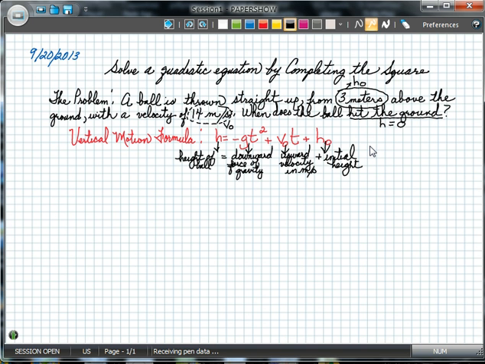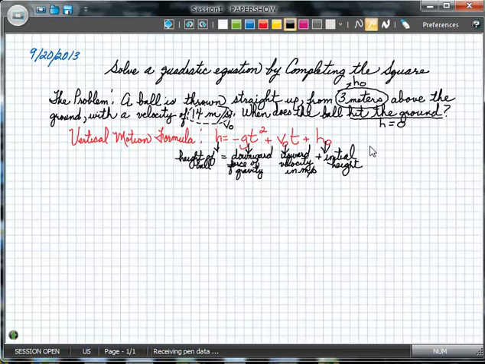Then we are looking at the height when the time when the ball hits the ground. So we're looking for a height of 0. Have we covered all of our parameters? Let's look at the vertical motion formula.